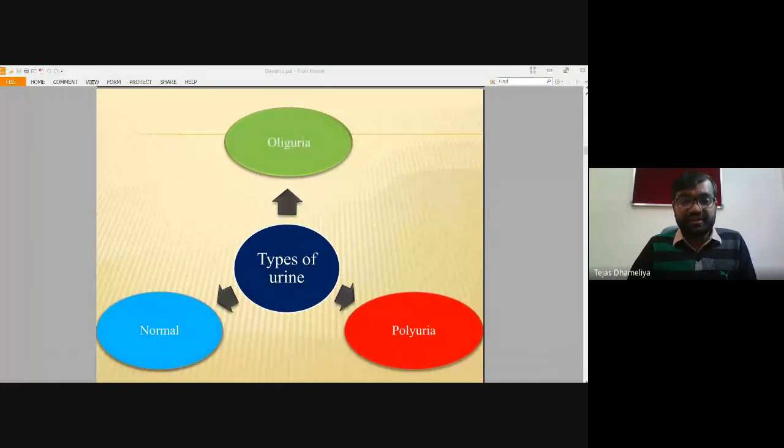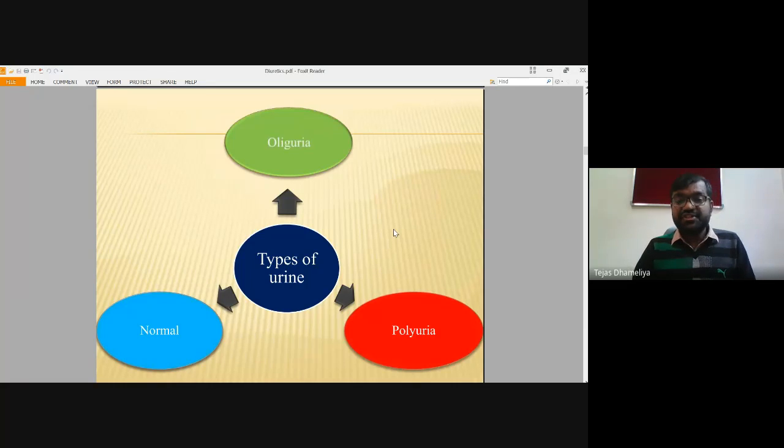Oliguria is basically a pathogenic condition where the patient will have less blood flow and less urination. Majorly it is said that less than 13 ml of urine output from the body, that is, when the urine output is less than the normal one, is called oliguria.